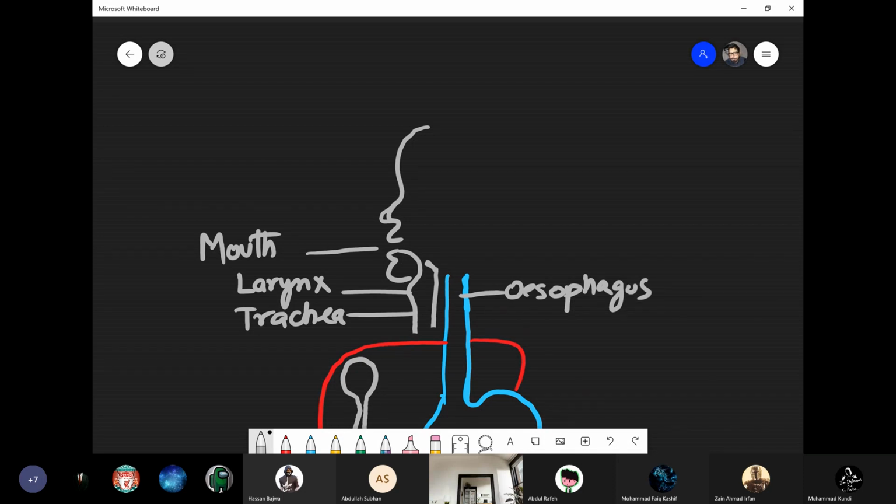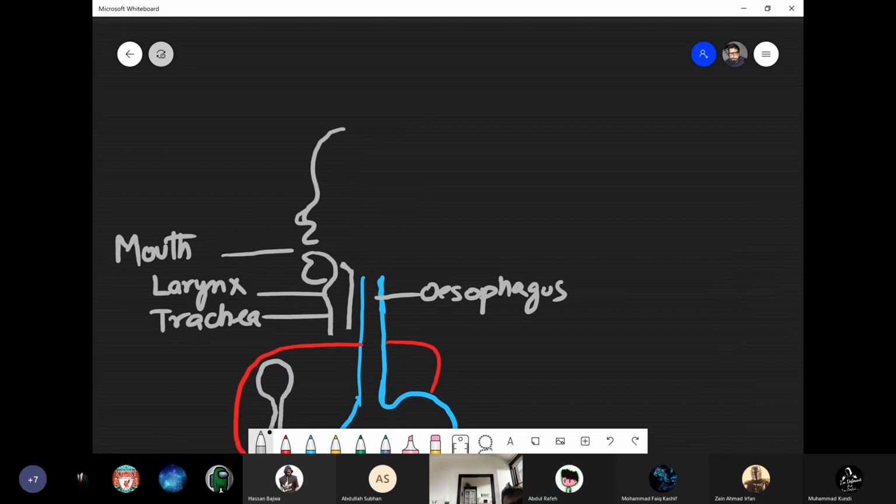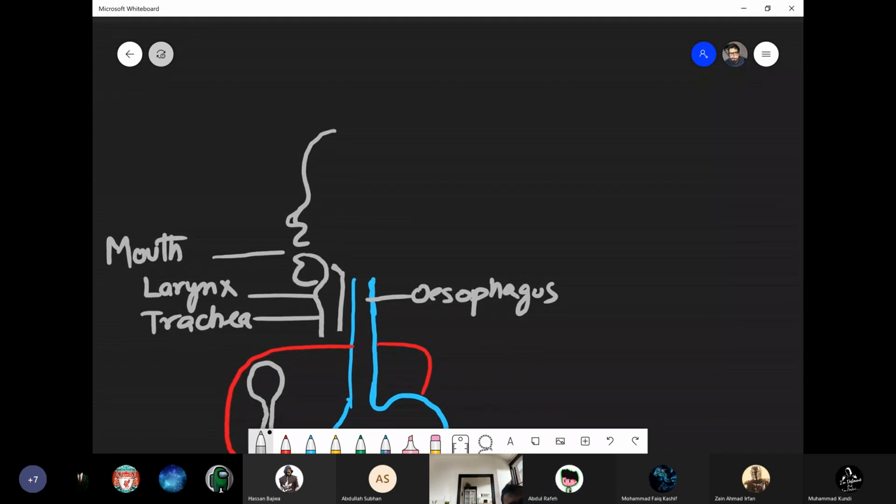Okay, boys. Then this structure over here, this one, is called the epiglottis. This epiglottis prevents the entry of food into the trachea.